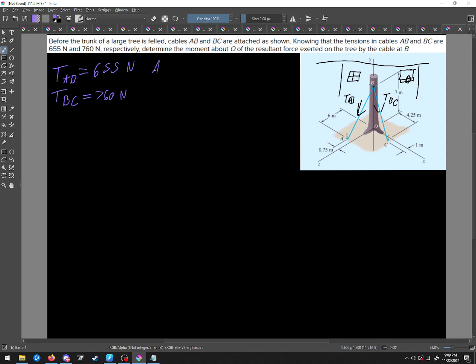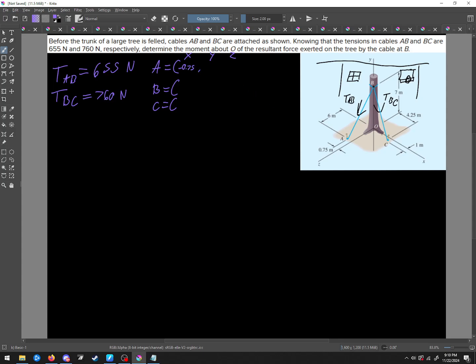Let's do it here because we've got some space. We're going to have points A, B, and C. So it's really not all that many. And of course, there's going to be an X, a Y, and a Z. So in the X for A, we're going to have negative 0.75.